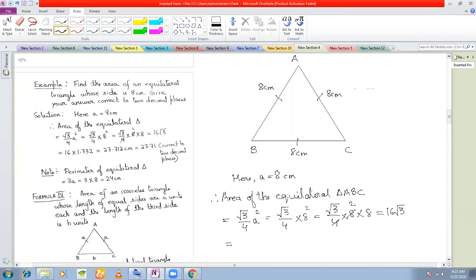You all know the value of root 3 is 1.732 up to 3 places of decimal. You multiply with this, you get 27.712 centimeter square. Okay, now here I have not given a square, but it should be a square. Now if you approximate 27.712 correct to 2 decimal places, this is up to 3 decimal places. The answer here is to be given correct to 2 decimal places.